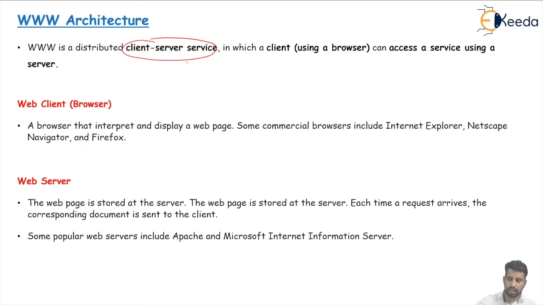That's why we say WWW is a client-server paradigm, where the browser displays a web page on your computer. Some web browsers are Internet Explorer, Google Chrome, and Mozilla Firefox. These are web browsers, or web clients, through which you submit your request.